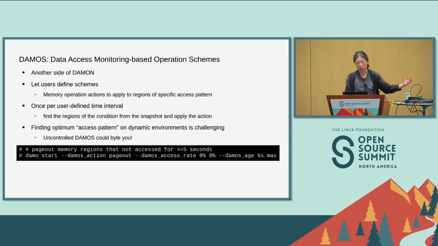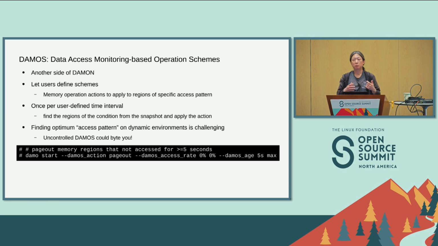Such a scheme can be specified by the user and provided to DAMON. Then DAMON will continue monitoring the access pattern, periodically find the memory regions that are eligible for the user-specified access pattern, and apply the memory management action to the regions.